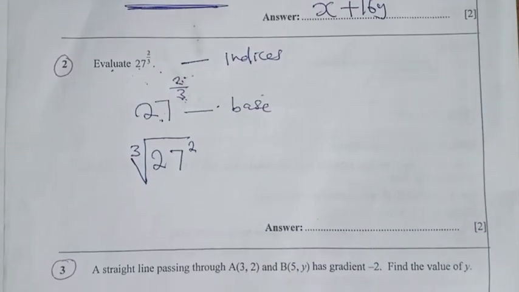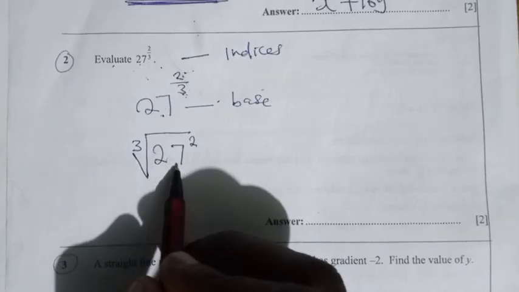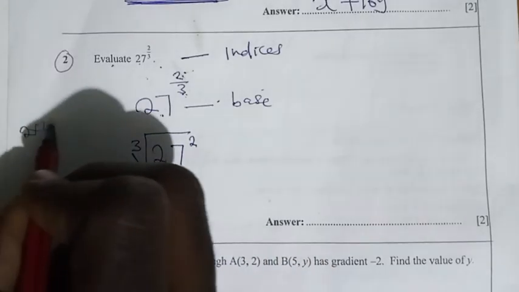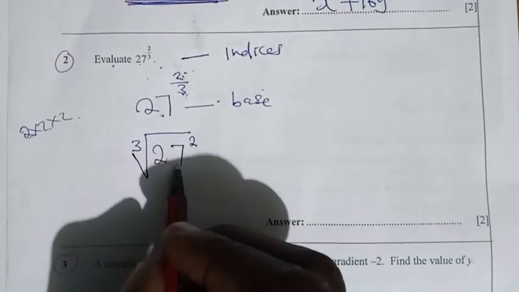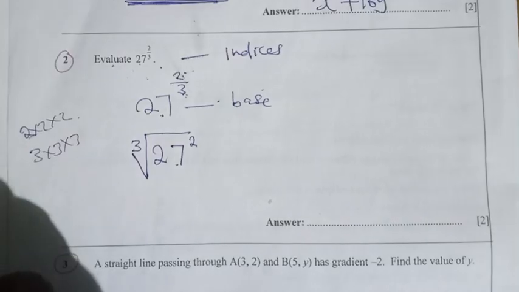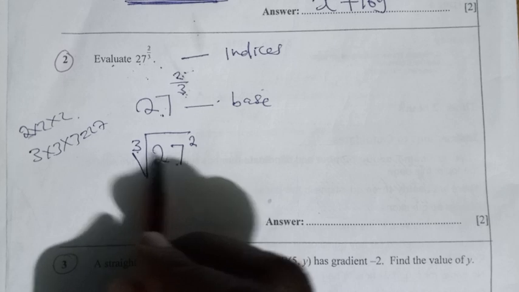This means: what number can you multiply 3 times to have 27? We try 2 times 2 is 4, 4 times 2 is 8, so 2 is not qualifying. But 3 times 3 is 9, and 9 times 3 is 27. So the cube root of 27 is 3.